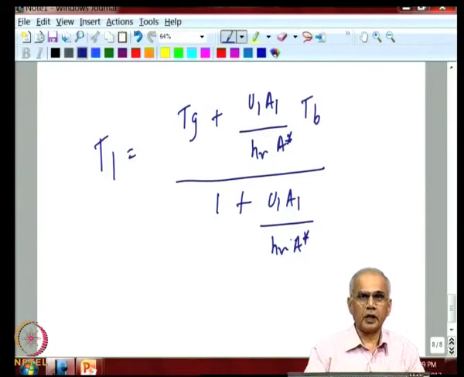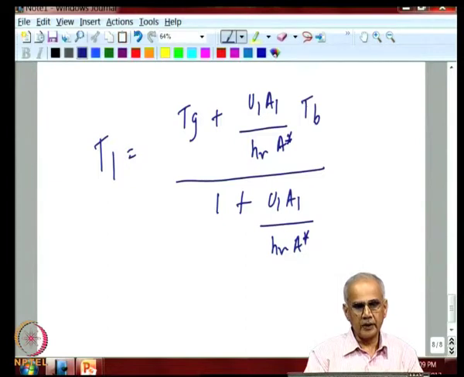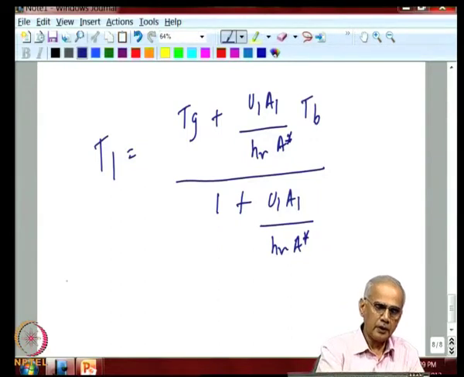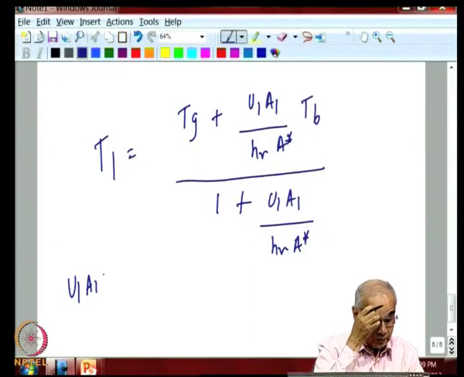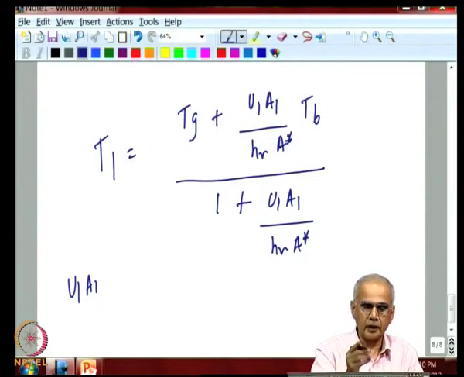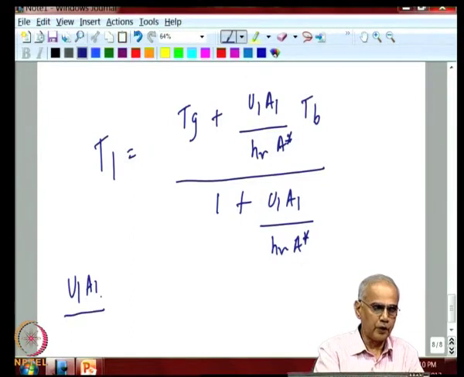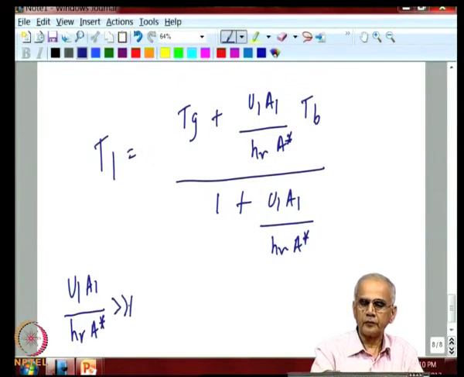This is an approximate calculation. You can do a more accurate one numerically if you want to, but this highlights very nicely what the dominant issues are. Suppose the heat transfer conductance between the ash deposit and the water is much more effective than the radiative heat transfer from gas to the ash deposit, that is, the ratio is much greater than 1.